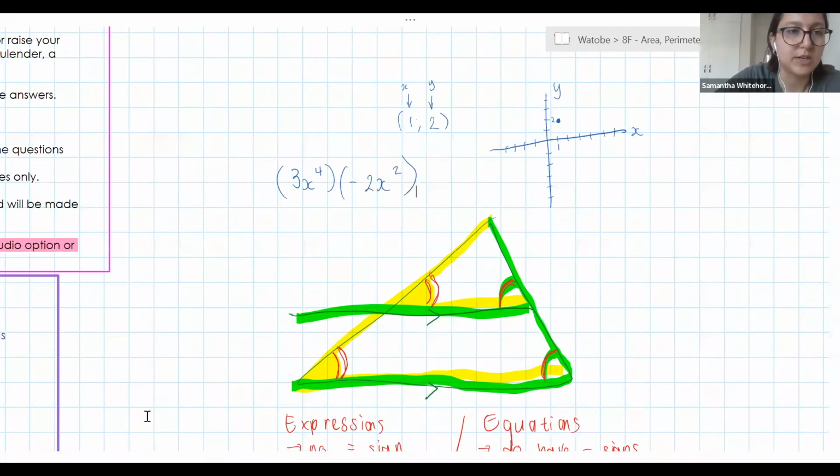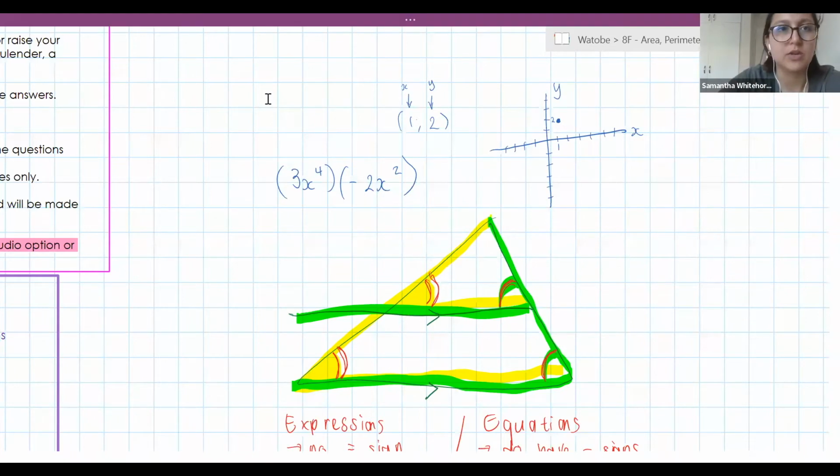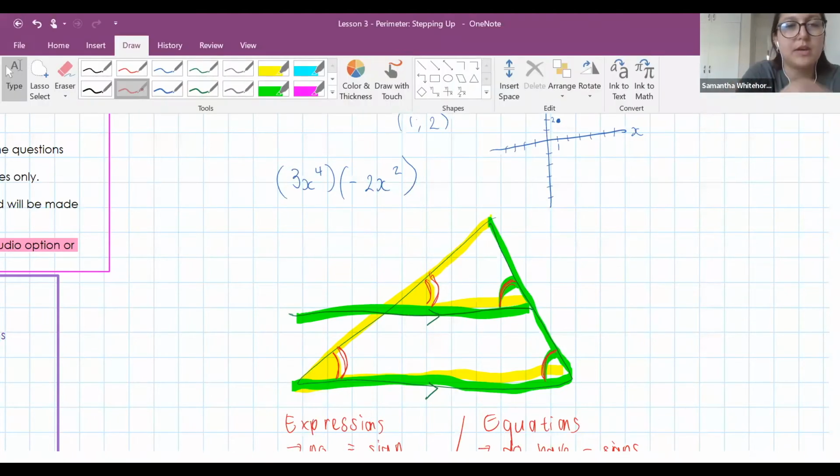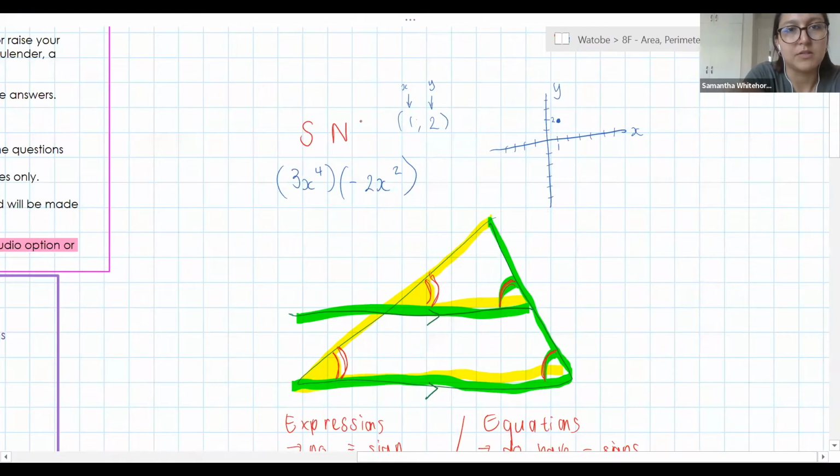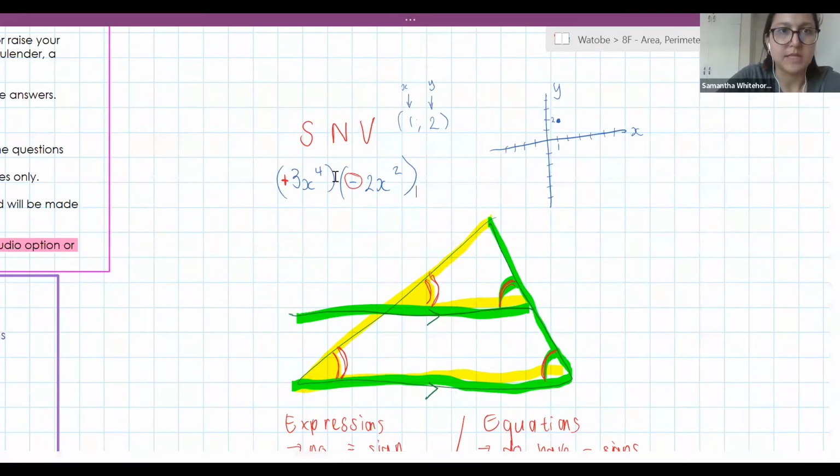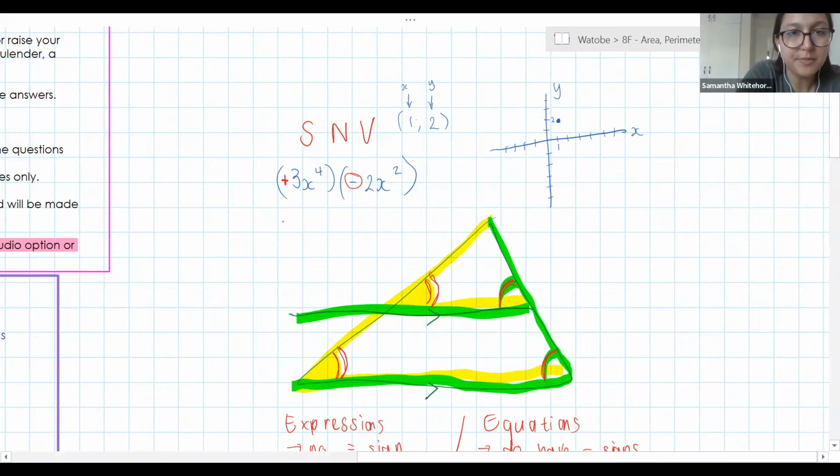If I've written that down incorrectly, you can just let me know. In terms of how we solve that, there's a couple different ways we can do it, but I would start with SNV: signs, numbers, variables. Starting with the signs, I've got a plus and a minus that are being multiplied together. We know that a positive times a negative is a negative.